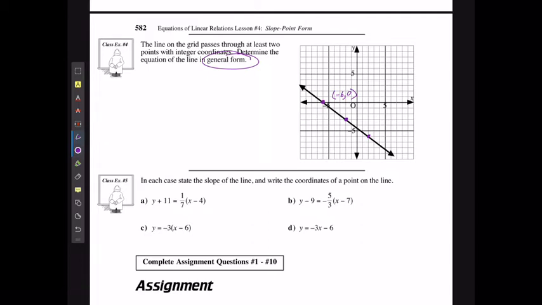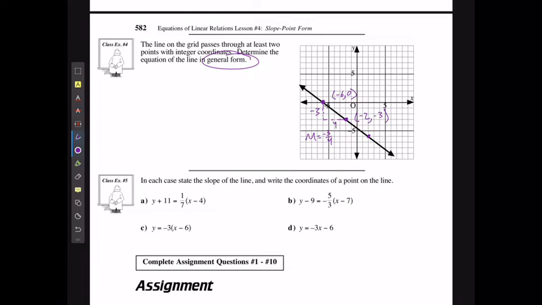I just need one other point. I can call this point negative 2 and negative 3. I can figure out what my slope was going to those points because I went down by 3 and I went right by 4, which means that my slope is negative 3 over 4.